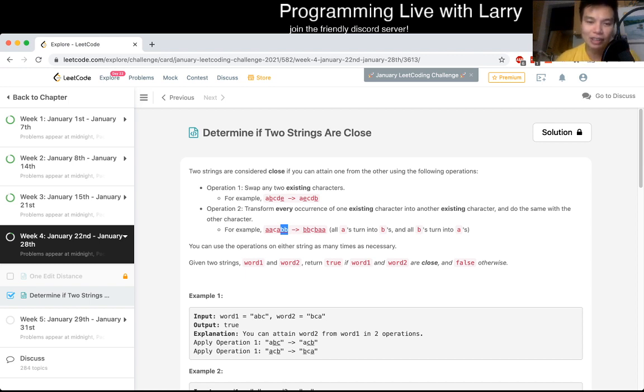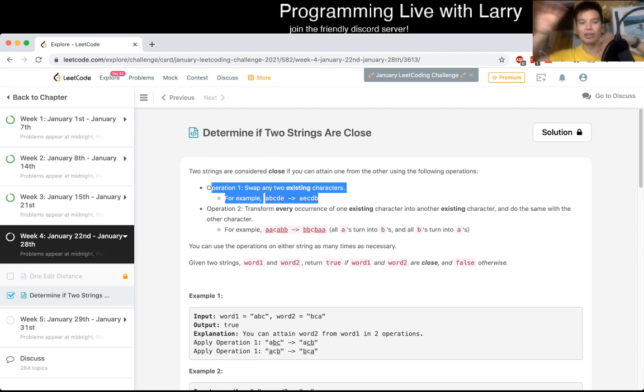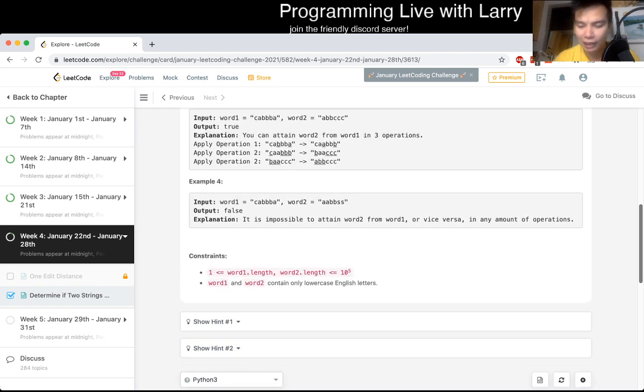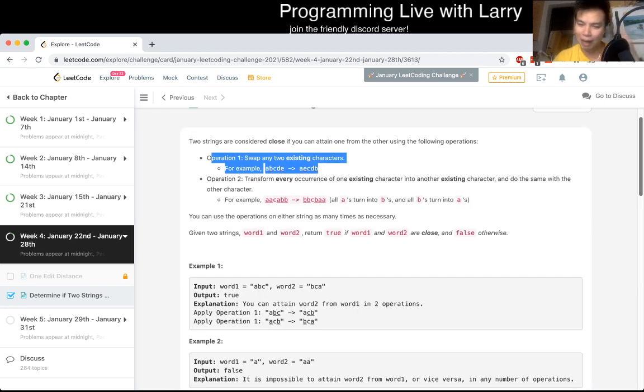And of course, combine that with operation 1, where the locations or the indexes don't matter. This is what happens. And the only tricky thing, which I got a wrong answer about, because I just didn't understand it correctly in my mind.